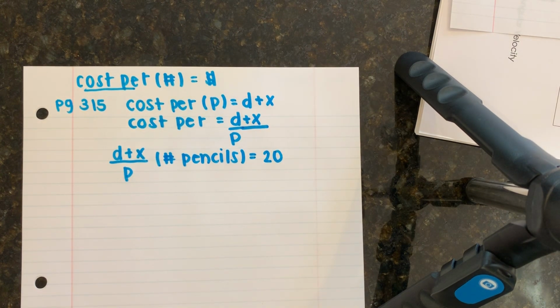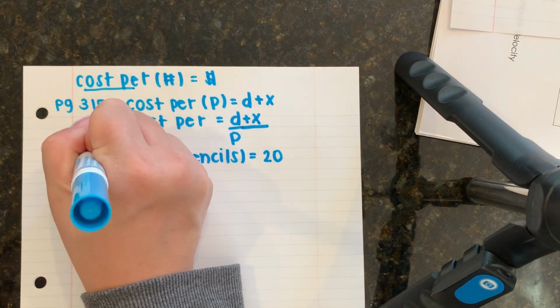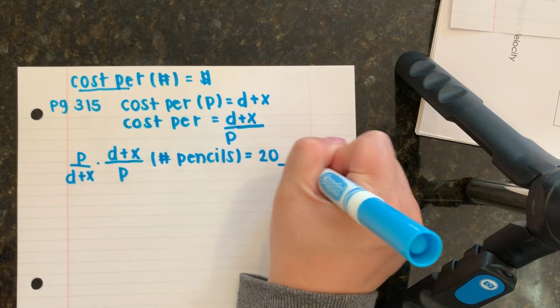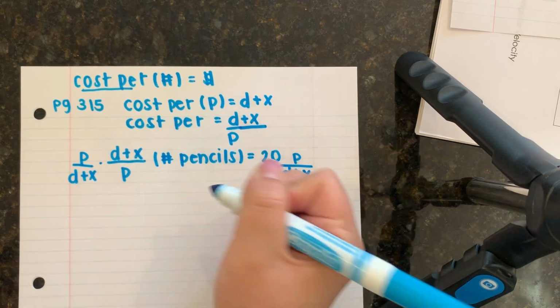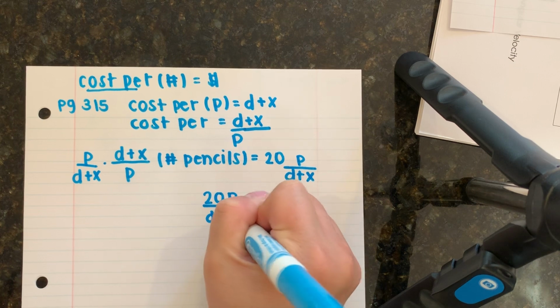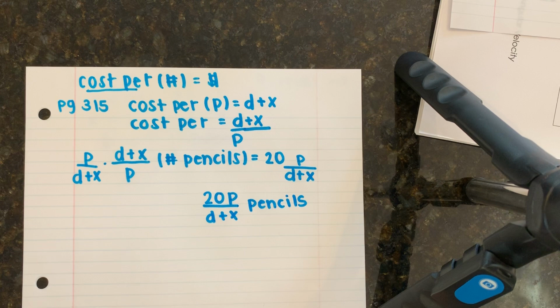So to solve for the number of pencils, I'm going to multiply both sides by the reciprocal, which will give me that I will end up with 20P over D plus X pencils. And now what I want you to do is look at the next example.